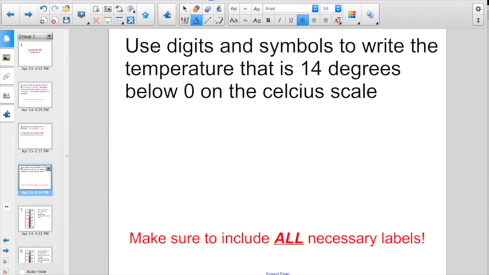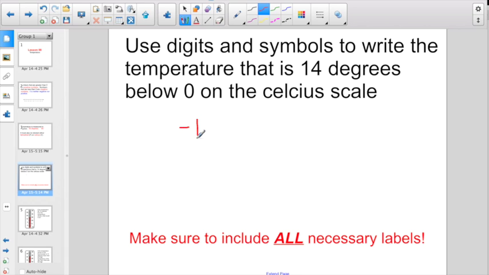So let's go ahead and use that right now and do one like this. It says use digits and symbols to write the temperature that is 14 degrees below 0 on the Celsius scale. So 14 degrees below 0, that's a negative number, right? Living up here in North Dakota, we should know that.